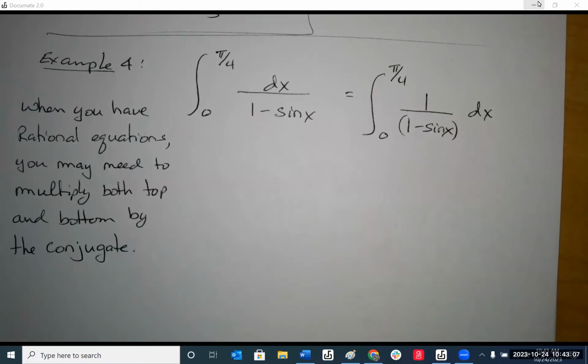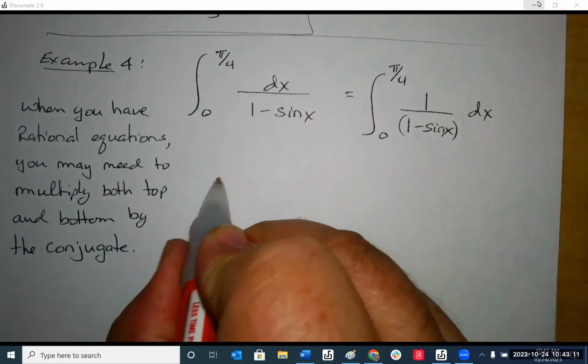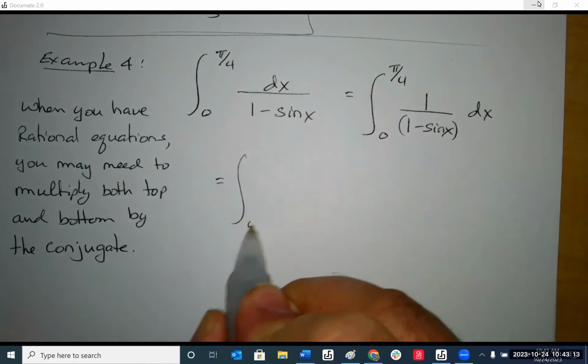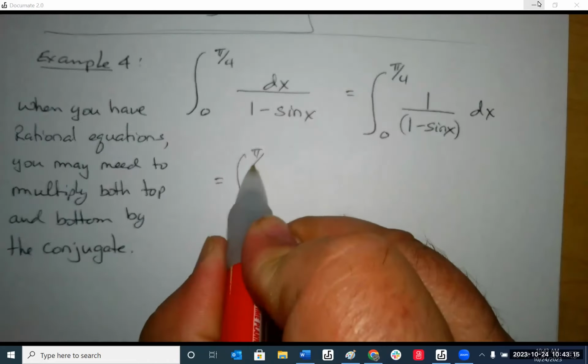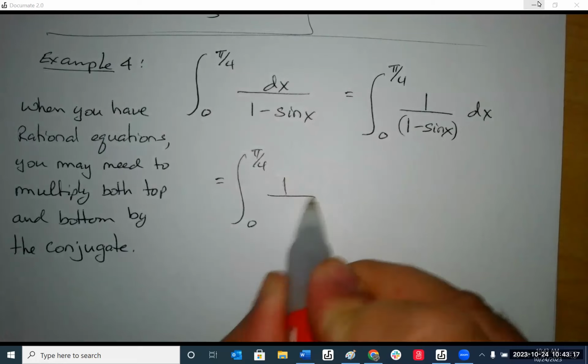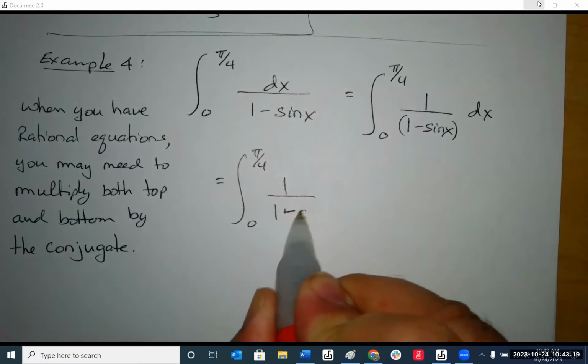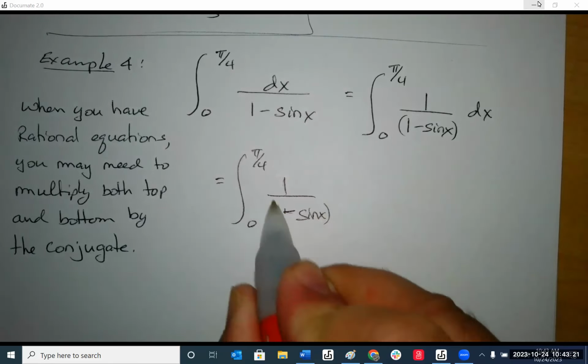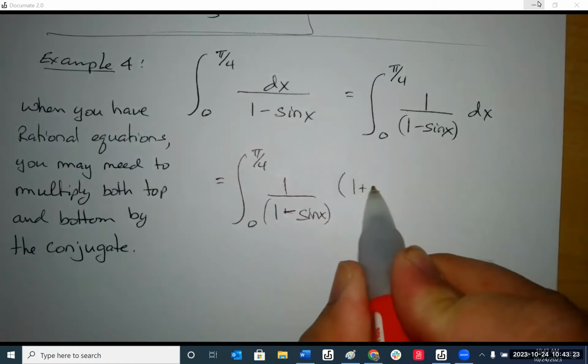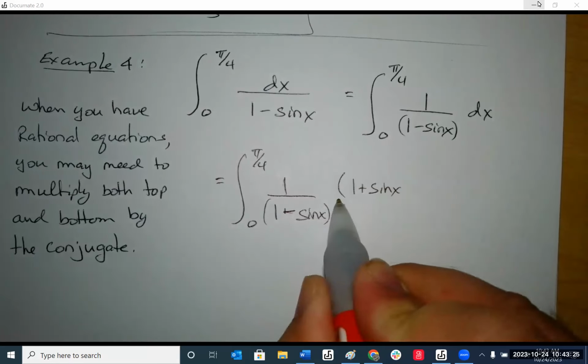So what would be the conjugate here? We have 1 minus sine x. So we multiply top and bottom by 1 plus sine x.